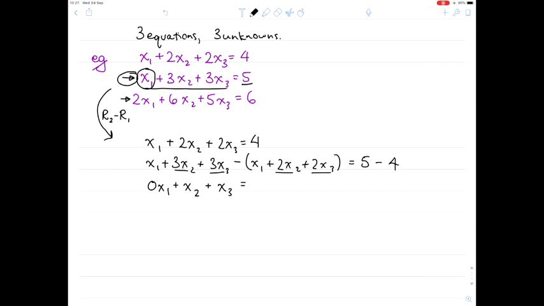And I've got 5 minus 4, which is just 1. So I have transformed this second equation into the equivalent equation, which just says x2 plus x3 equals 1. And my third equation stays the same.